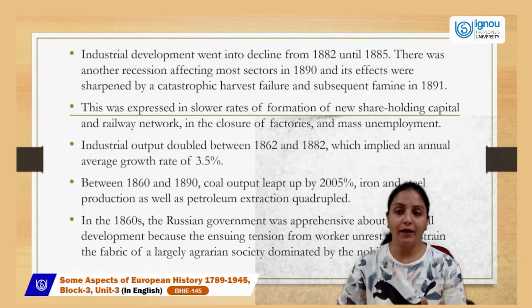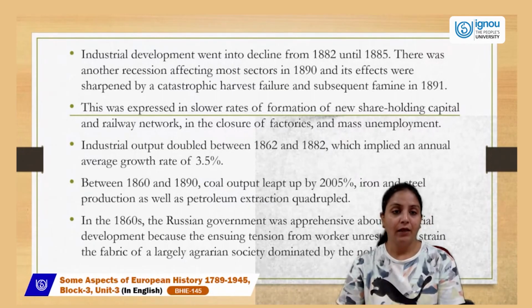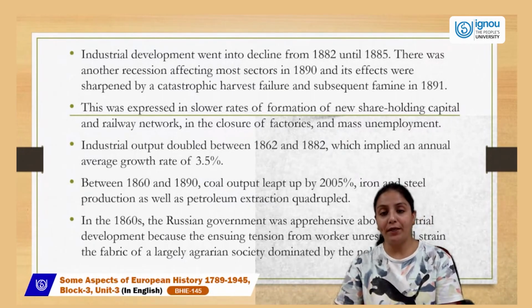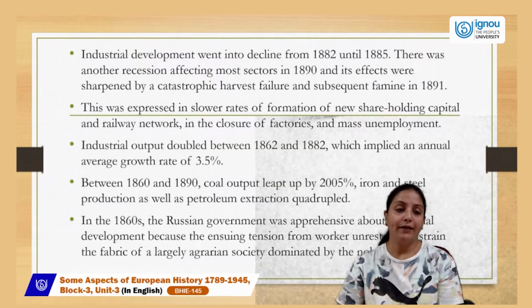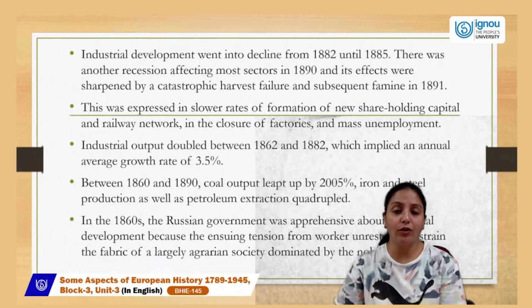This was expressed in slower rates of formation of new shareholding capital and railway network, the closure of factories, and mass unemployment.